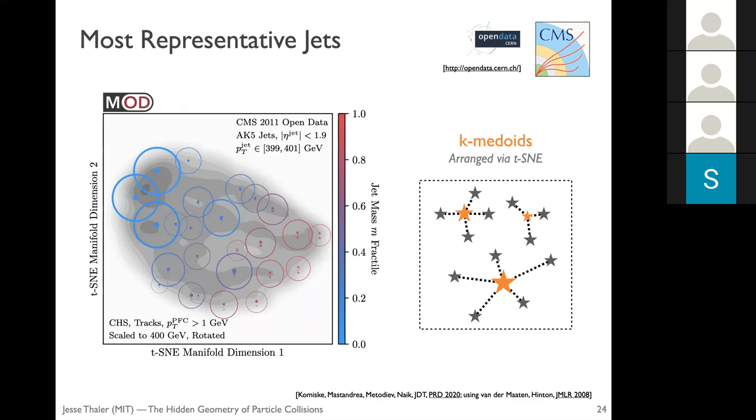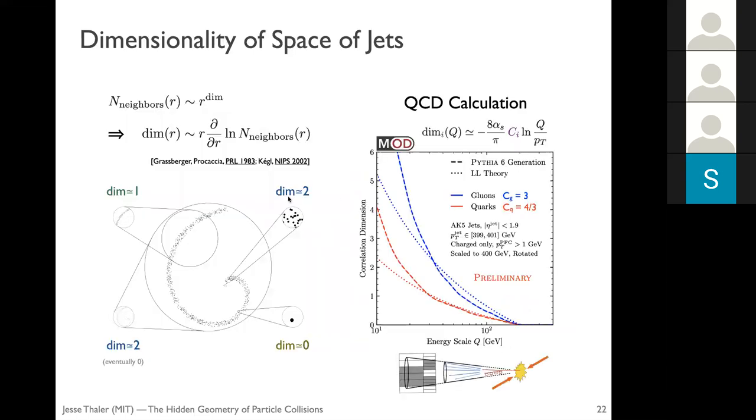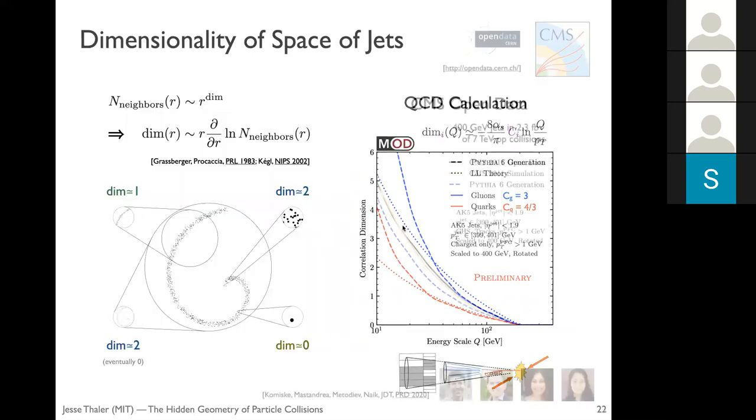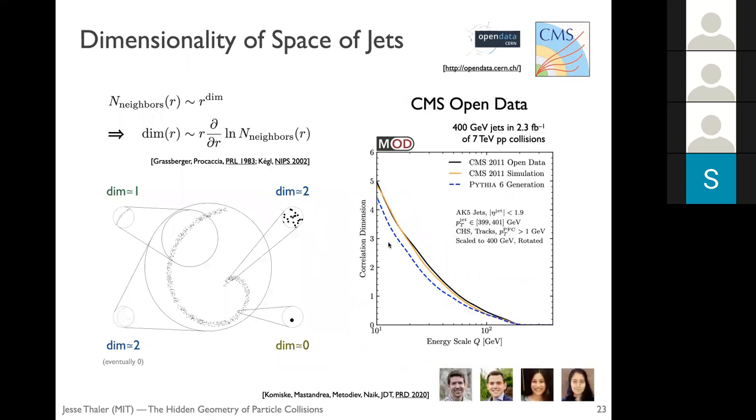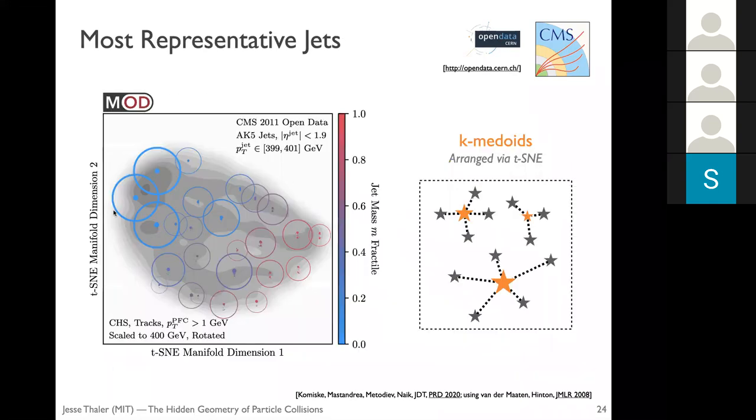Okay, so first let's go back one more slide here. I've told you that the dimension of this space is 3, 4, 5 dimensional if I resolve it at a reasonable scale. And our brains can't process 3 or 4 or 5 dimensions. So what I'm doing is using an algorithm that takes these 30,000 jets and projects them down into 2 dimensions.